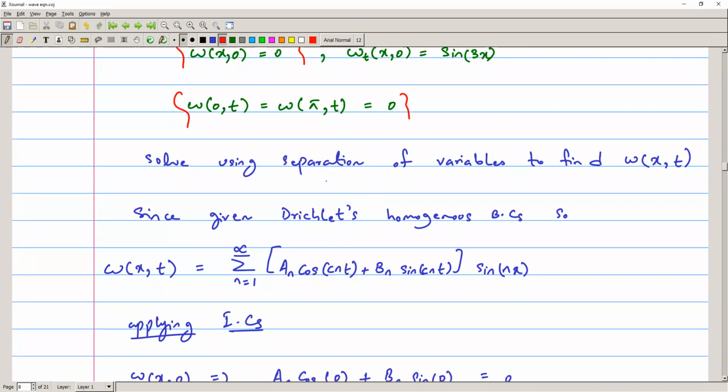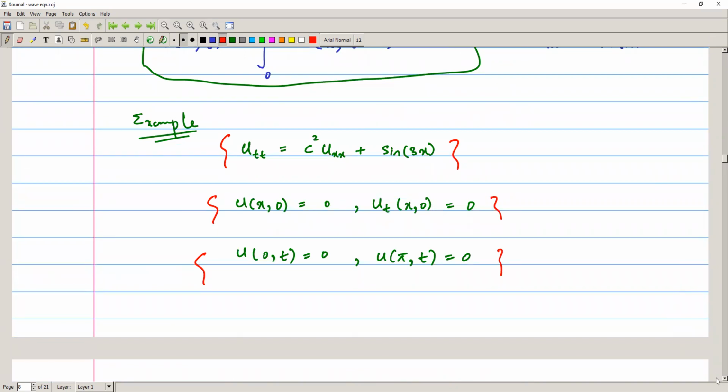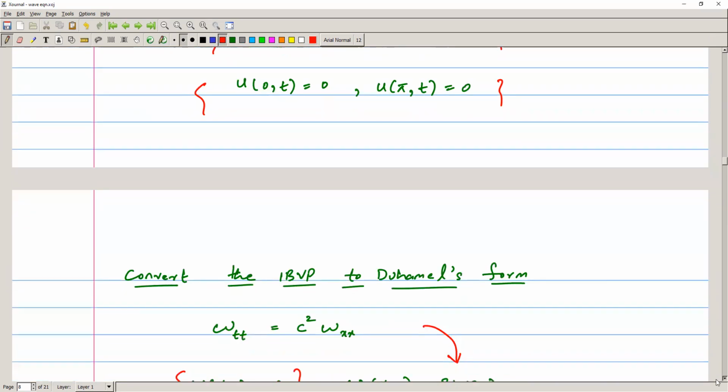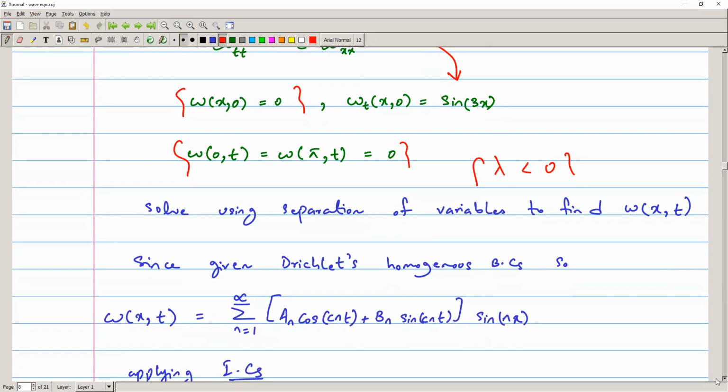So now we can solve this equation by using separation of variables, because we know that these are homogeneous Dirichlet boundary conditions. So we will have only a solution for one case, that is for lambda less than 0. We have only the trivial solution in the Dirichlet case at lambda greater than or equal to 0.